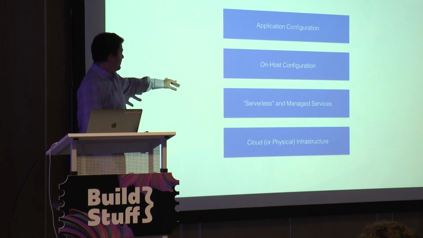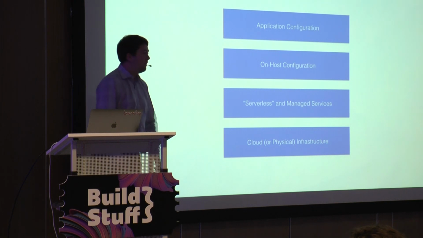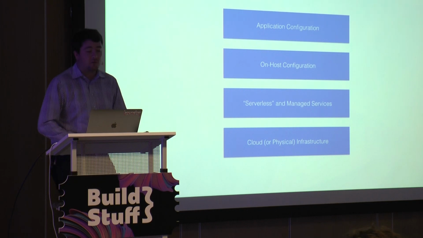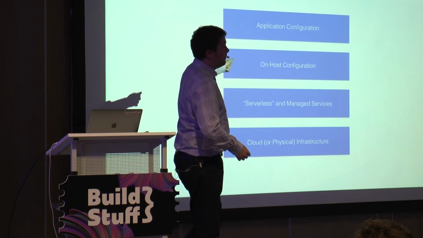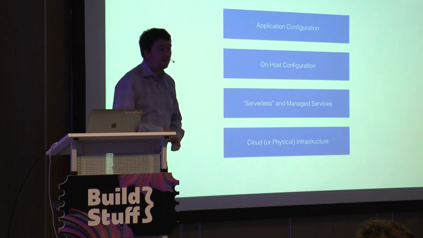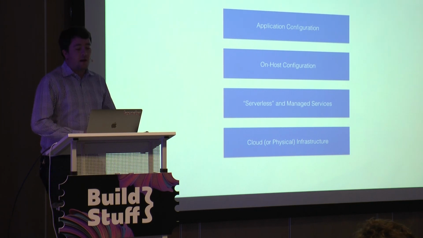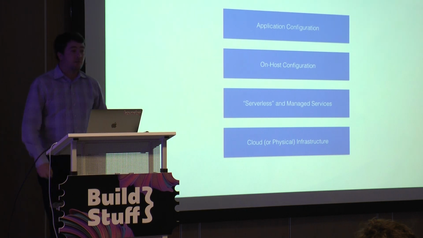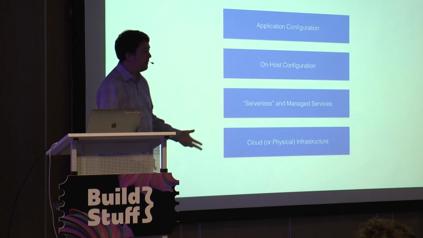And then slightly higher level than that, we have managed services. So things like managed databases or managed container runtimes. Moving further up, we have on-host configuration. This is things like managing SSH keys or managing which packages are installed, SSH certificates. And then finally, as we move up, we have application configuration. So things like database credentials, service discovery, service configuration.